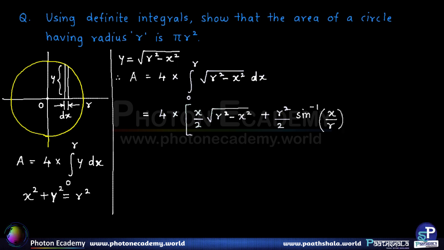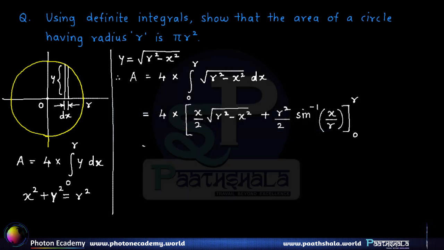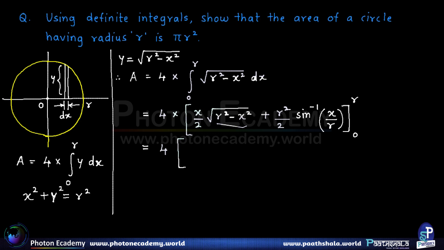Now we have to evaluate this entire integral between the limits 0 and r. Let us first substitute the upper limit. The first term has r square minus x square, so when we put x as r, that expression will vanish and become 0.